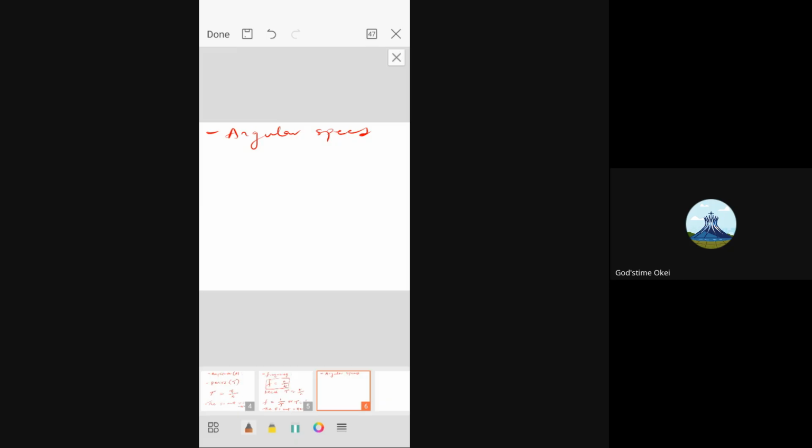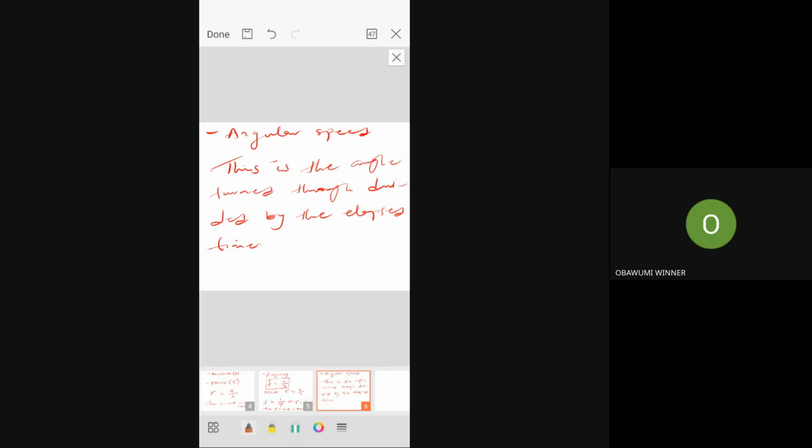So I can say this is the angle turned through, divided by the elapsed time. And that is what angular speed is all about. So whenever you hear angular speed, this is practically what it means.